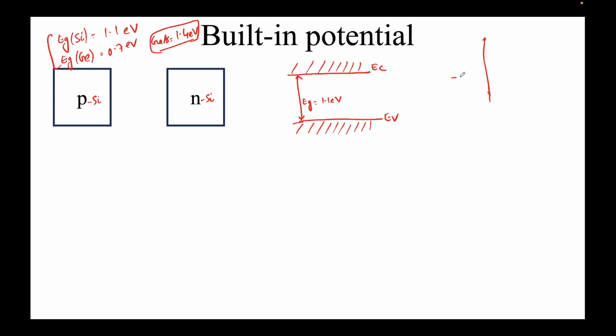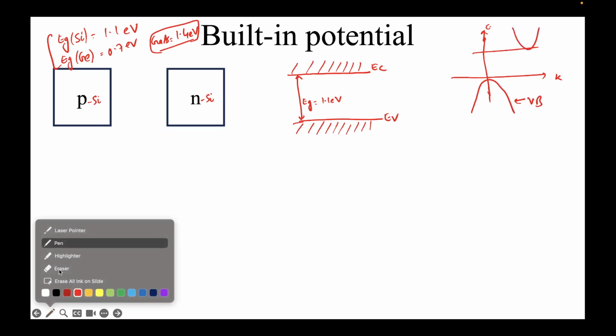Let's draw the E-k diagram for silicon. This is energy, and on the x-axis is your k wave vector, whose dimension is centimeter inverse, because it's 2 pi by lambda. So this is your valence band for silicon, and its conduction band lies somewhere over here. I should not have drawn that line.